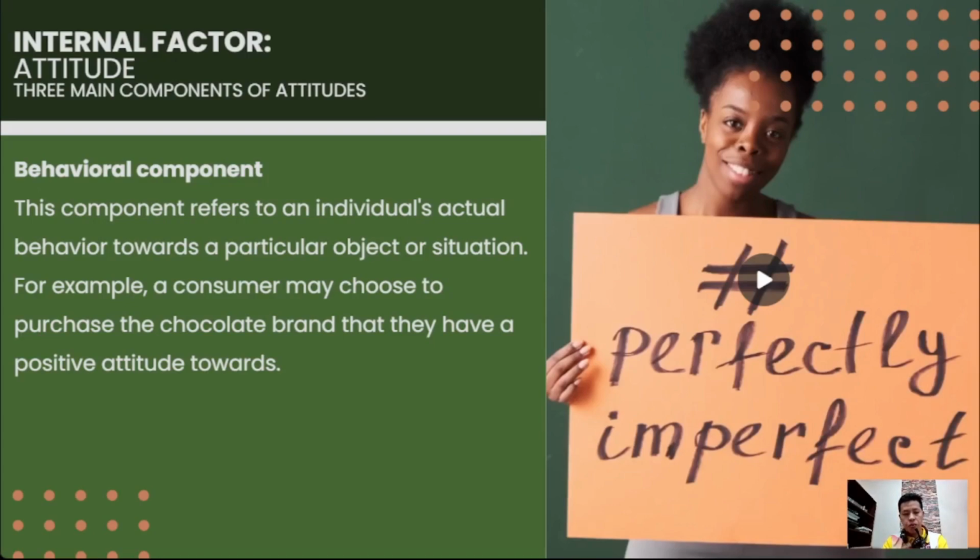Meaning, I just feel that every time I purchase this particular product, it helps me do something that I am not usually doing, or something that may change their mood. They're just positively connected to that product. So that is the behavioral aspect of attitude.